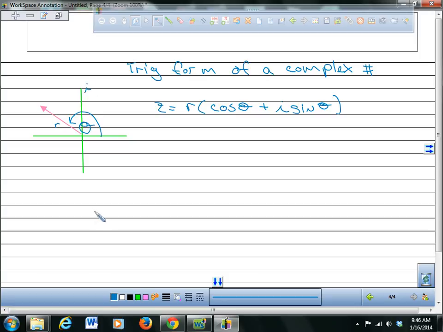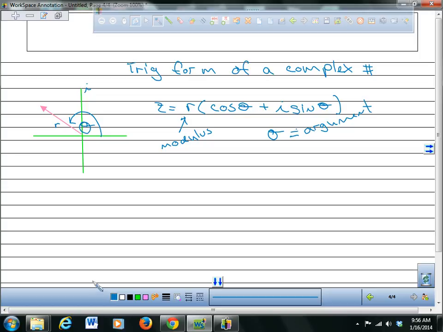Questions? Easy? And this r is called the modulus, which is the length or the absolute value or the magnitude, if you will. And theta is called the argument. Don't argue with me, it's just what it's called. Okay. Got it?